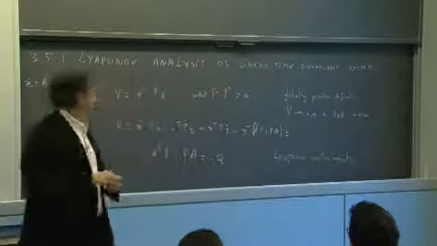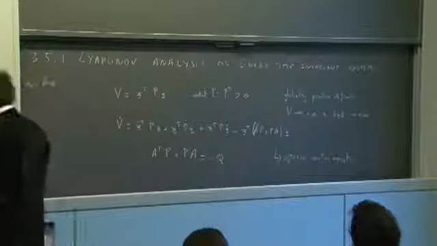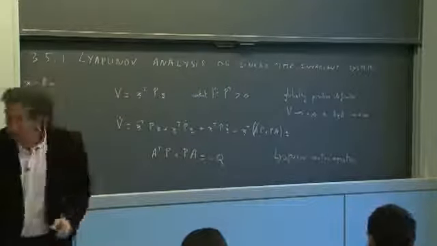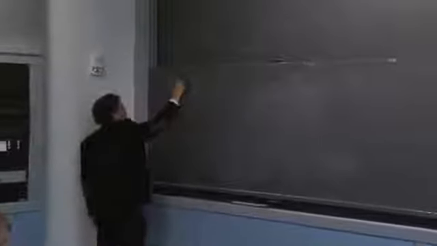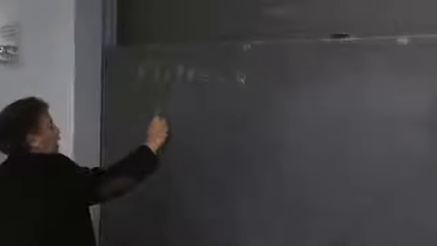So the question, therefore, is, I'm going to rewrite here this Lyapunov matrix equation: A transpose P plus PA equals minus Q. I start with a symmetric positive definite matrix.